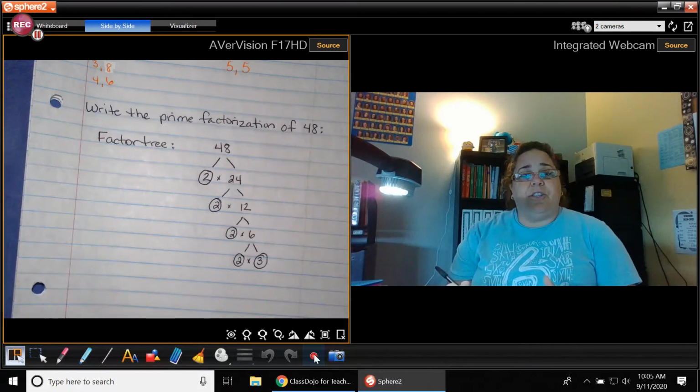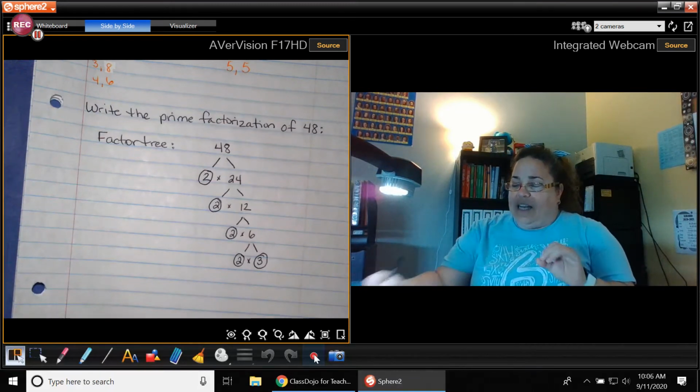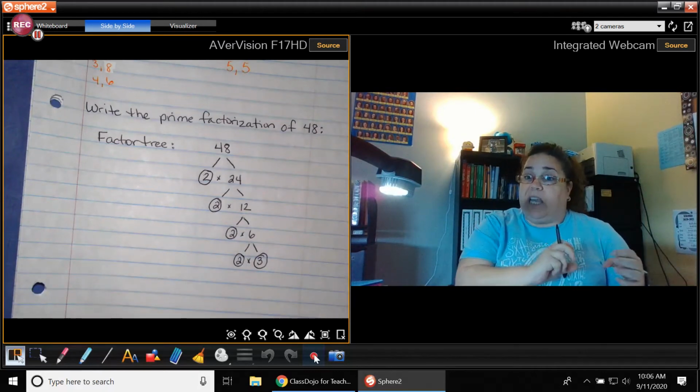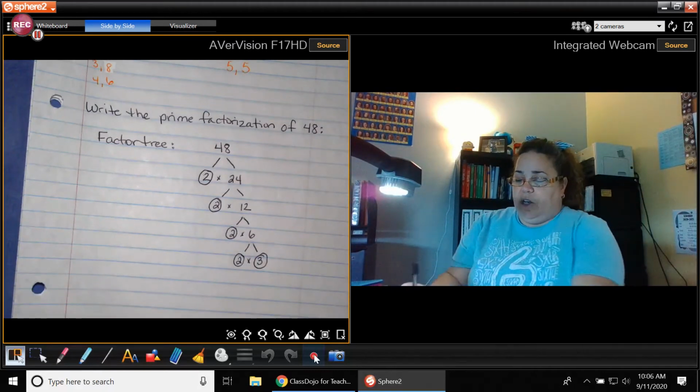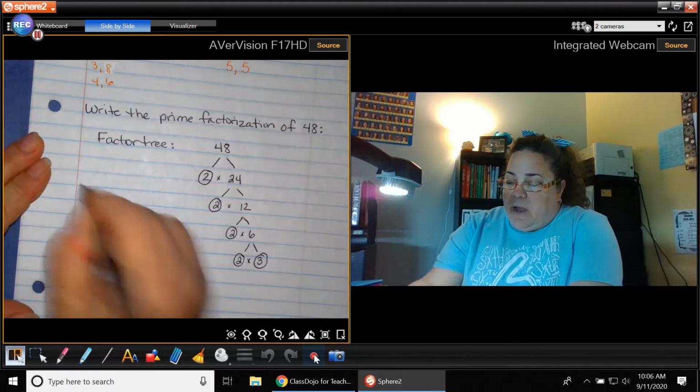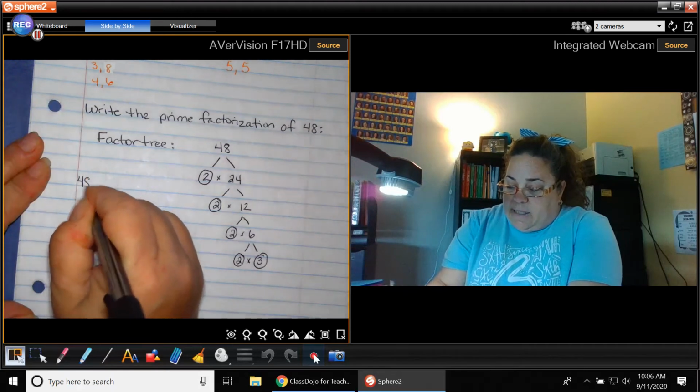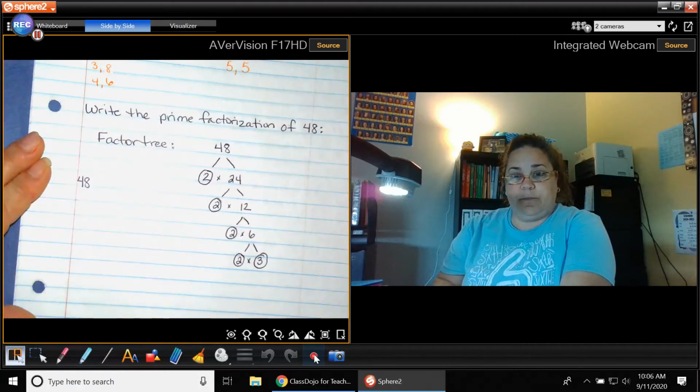Now I'm not quite done. I did the tree, that's the strategy, but now the strategy has to help me get the prime factorization. So, remember I was finding the prime factorization for 48. So I'm going to write 48. Okay?